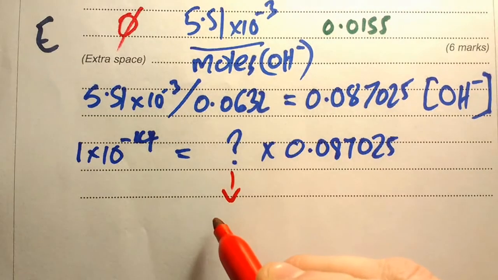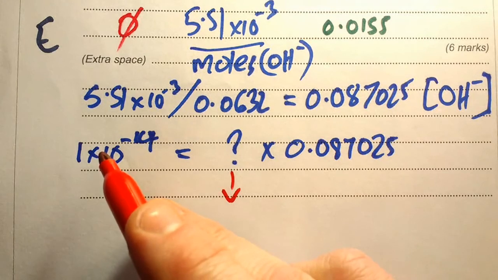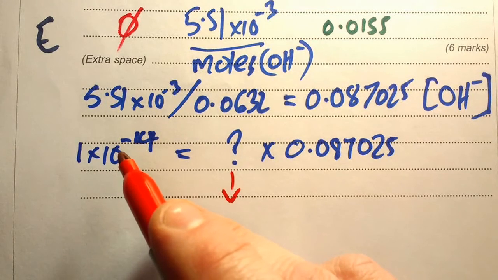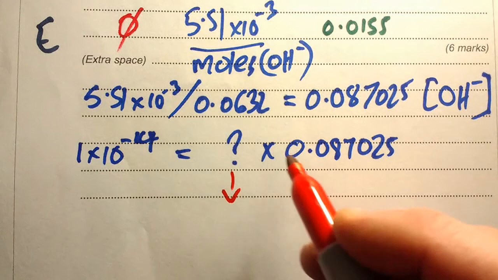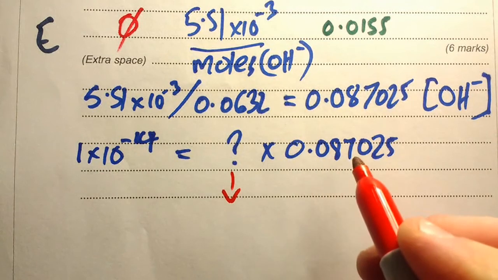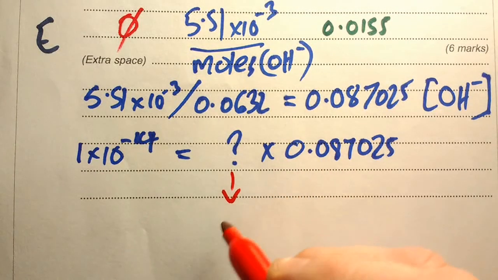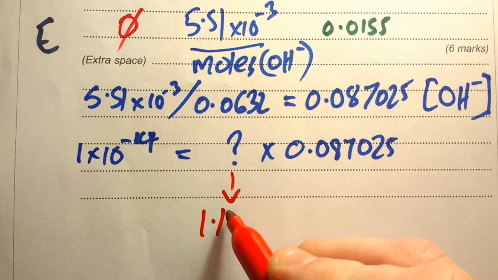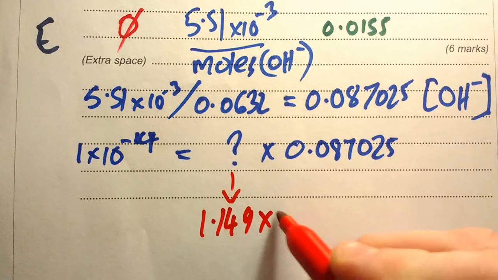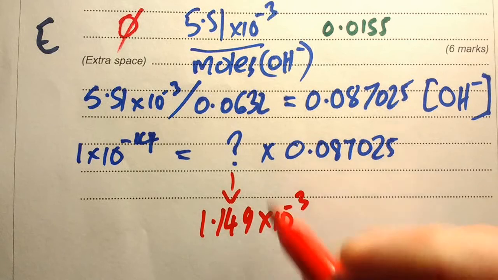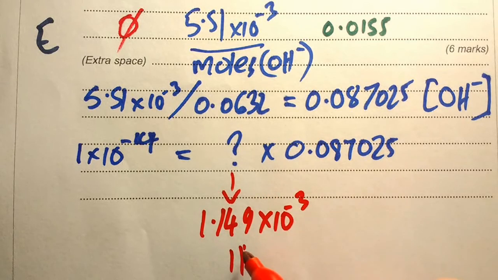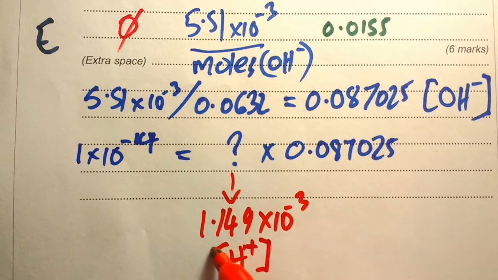So that's going to be 1.0 times 10 to the minus 14 divided by 0.087025, and that would give us 1.149 times 10 to the minus 13. So that's our H plus ion concentration.